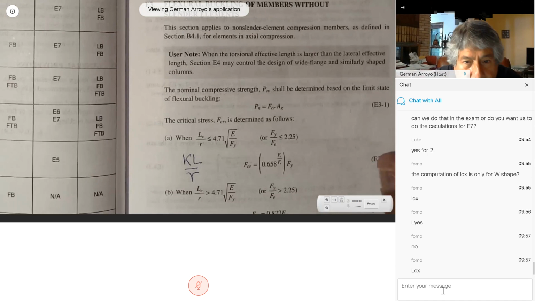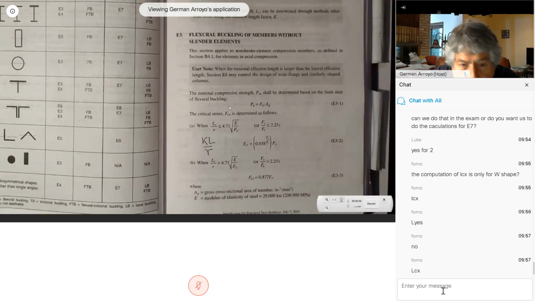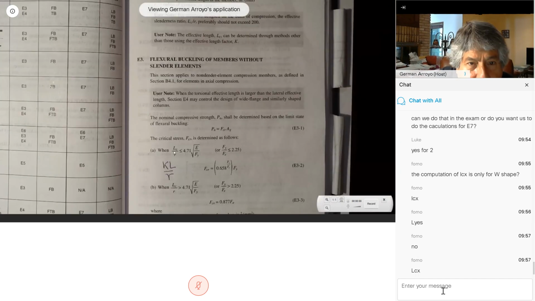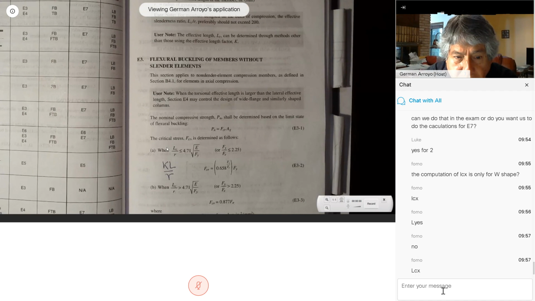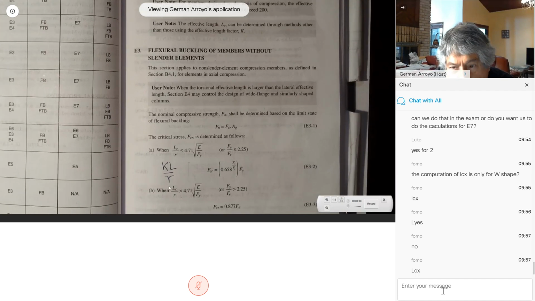Look, when we start talking about columns, I mentioned that now the code has the effective length Lc, and the Lc could be either Lcx or Lcy, depending which axis controls. But this in here, Lc over r, is the KL over rx and KL over ry.